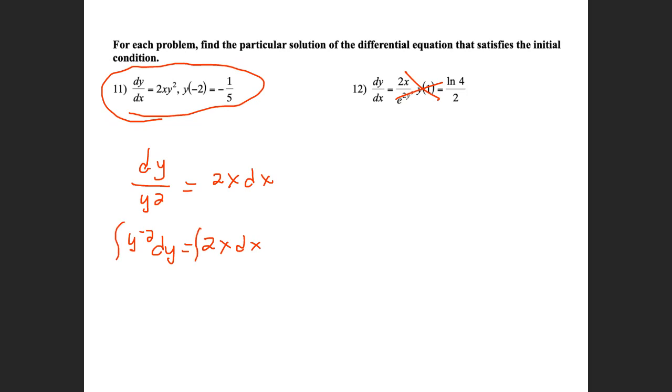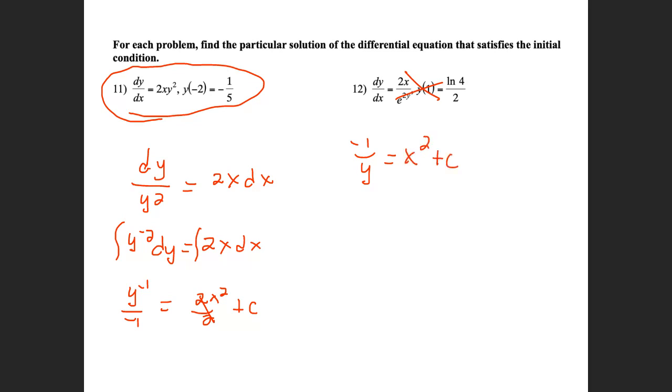Well, the integral of y to the negative second is going to be y to the negative 1 over negative 1 is equal to the integral of 2x, which is 2x squared over 2 plus c. I'm going to rewrite this as negative 1 over y is equal to x squared plus c.